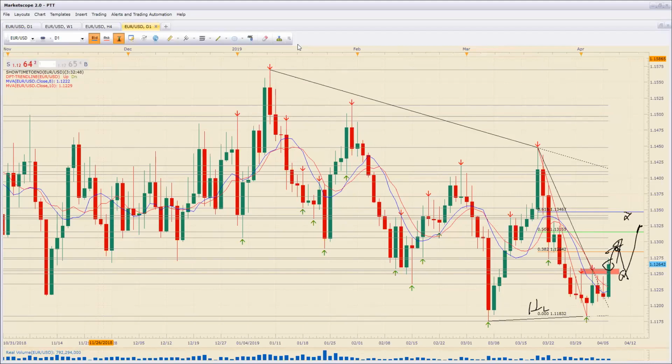Because for sure they have to retest 50, probably 62%, and this trend line right here. So you can play the game going up and down, up and down. But the better one would be sell some, buy more. Buy during dips, sell during peaks.